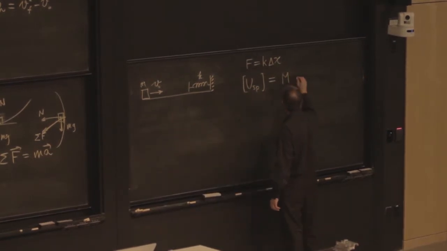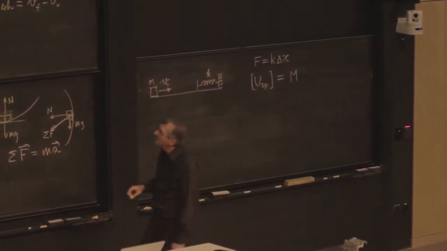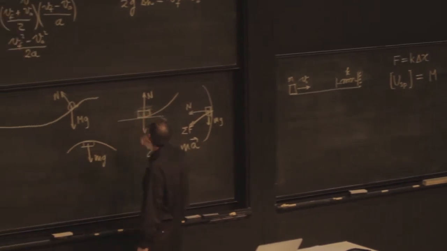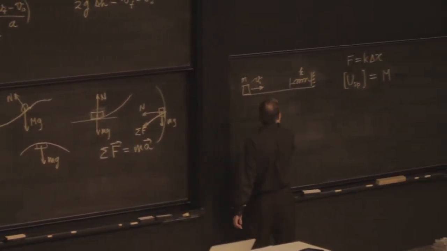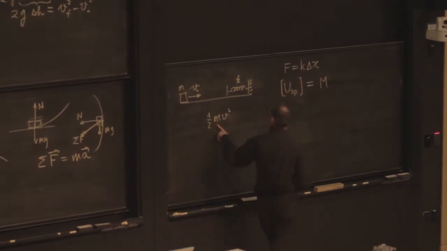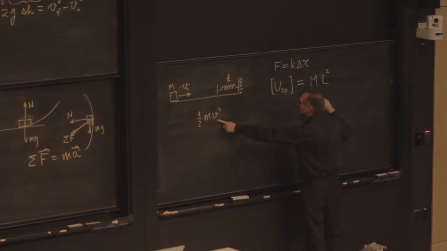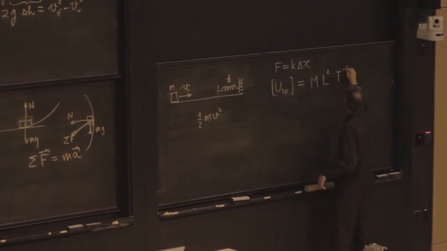Let's look at it from the point of view of our definition. So we had 1/2 mv squared. So that's 1 factor of mass, 2 factors of length, and inverse 2 factors of time.